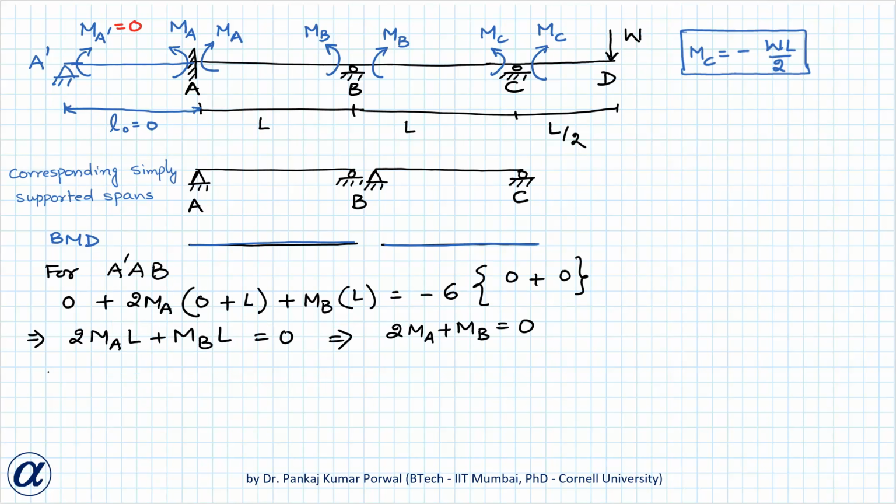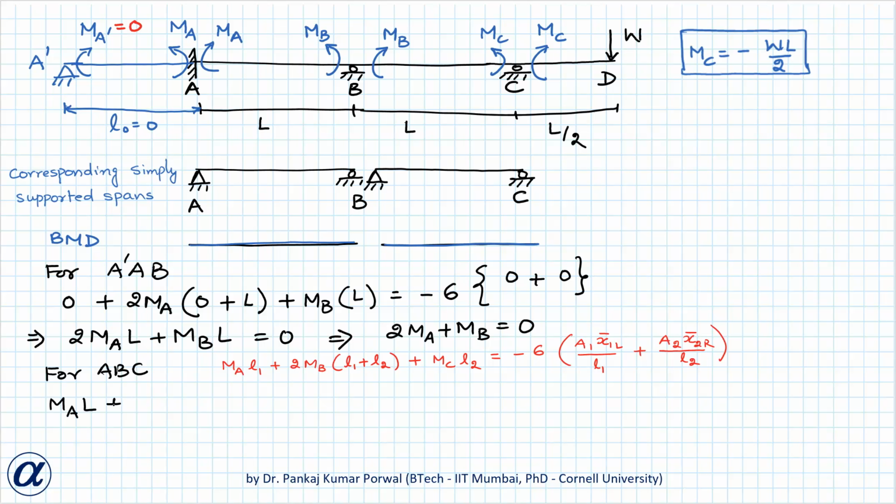Similarly, I can write theorem of three moments for spans AB and BC. So here I will get MA into L plus 2MB into L1 is L plus L2 is also L, plus MC is minus WL by 2 into L2 is L, equals to minus 6. And because the bending moment diagram for corresponding simply supported spans AB and BC is 0, I'll get just 0 plus 0 on the right hand side.